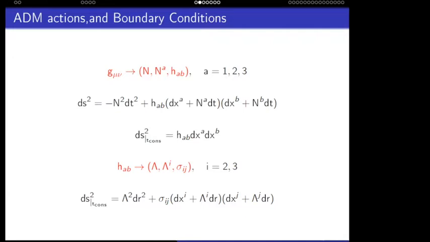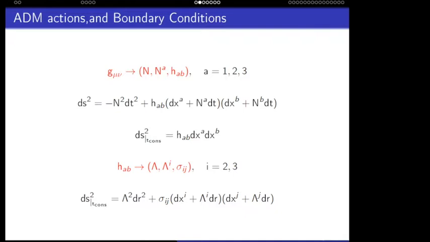As we are considering also a spatial boundary, you can also introduce another foliation, not of the space-time, but of the particular slice, using this parametrization here. Before continuing, let me do the counting of the degrees of freedom.